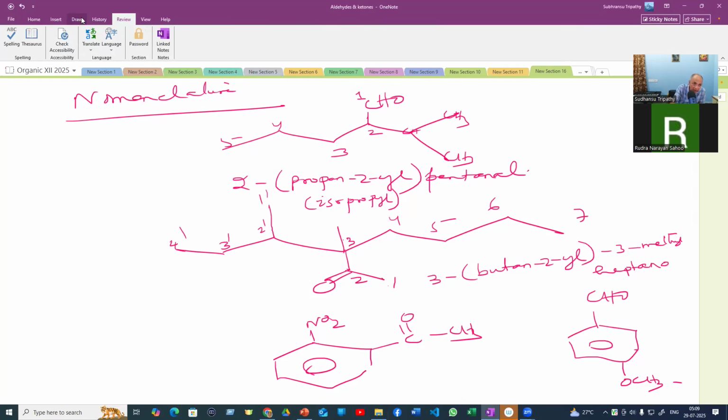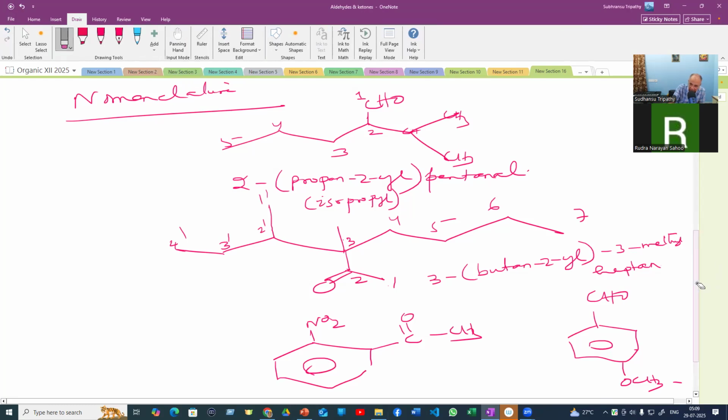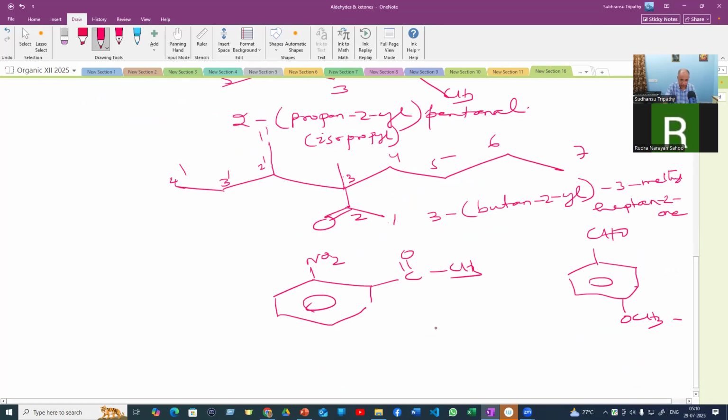And what is the locant of one? That has to be mentioned. Two. Even if it is one, the locant one happens only when there is a cyclic group like phenyl or cyclopropyl or anything. Then only one will come. Otherwise, if it is an aliphatic carbon chain, then it will be minimum 2 or 3, so heptan-2-one. And this is acetophenone.